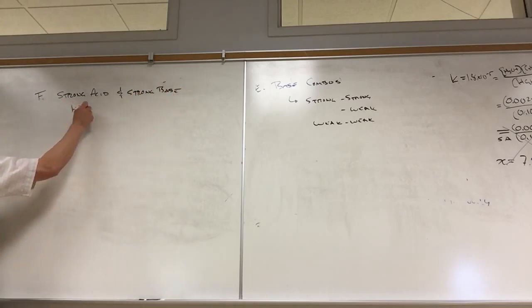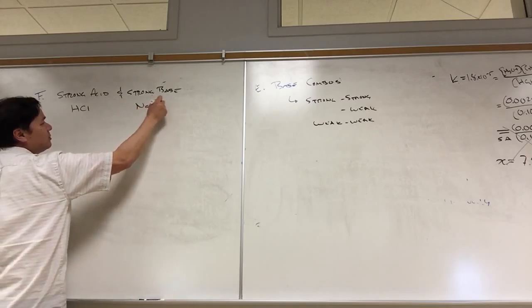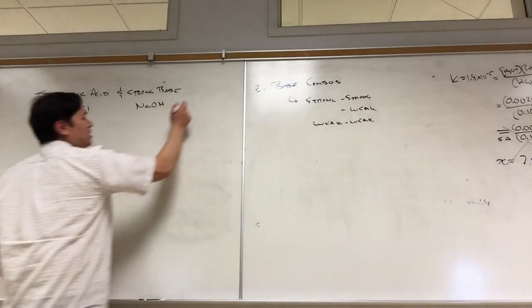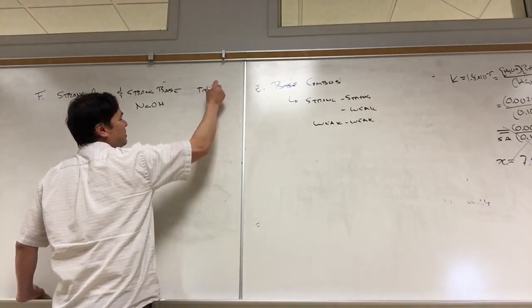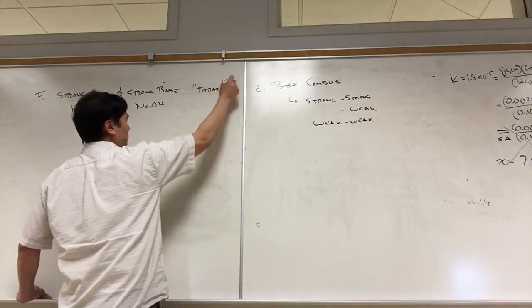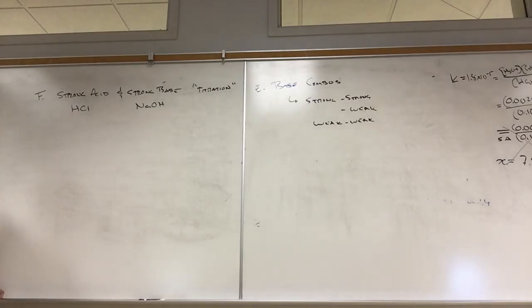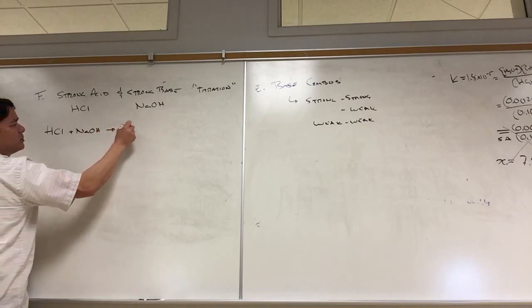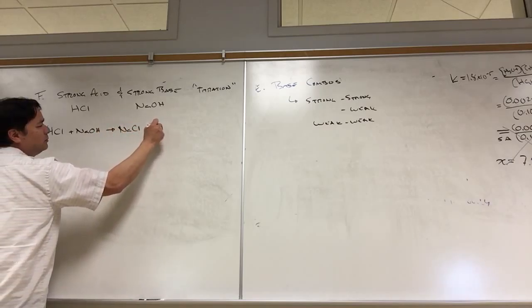And so strong acid would be something like HCl, strong base would be sodium hydroxide. When we have HCl and sodium hydroxide, we also give this another name, it would just be a titration. And so HCl plus sodium hydroxide, this is more like a Chem 1A problem, produces salt, sodium chloride, and water, each a liquid.